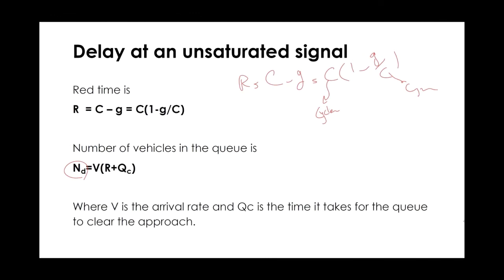The slope of the arrival curve is equal to, remember we said the slope is rise divided by run. In this case, it would be the rise, which was ND, divided by R plus QC.